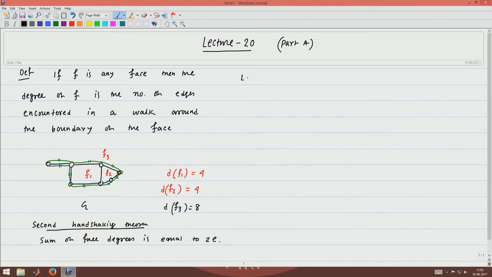Okay, now next we move to another lemma. Lemma 1. Let G be a connected planar simple graph with V vertices, V greater than or equal to 3, and E edges.